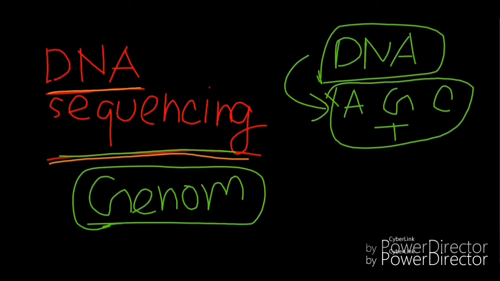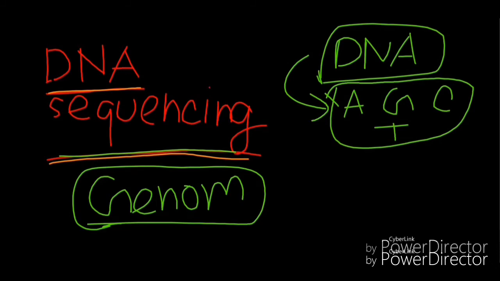The genome is to find the genetic code of that animal or of that plant, because when we can find the genetic code, we can easily fix any problem of that plant or animal.